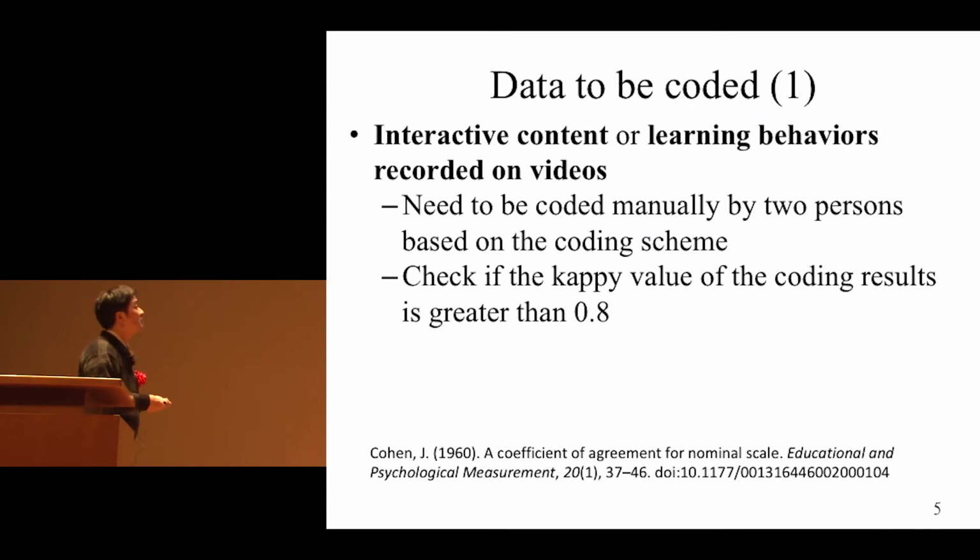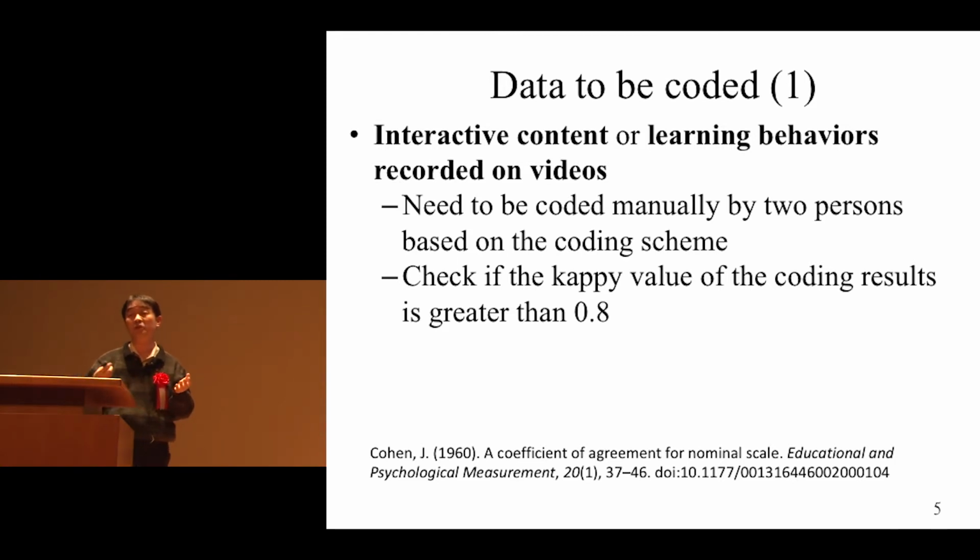Usually those behaviors need to be coded manually if we do not predefine those behaviors or content when designing or developing a game, or if we use other people's games. In that case, we need to code manually by 2 persons based on the coding scheme we defined, and then we need to calculate if the kappa value is big enough.